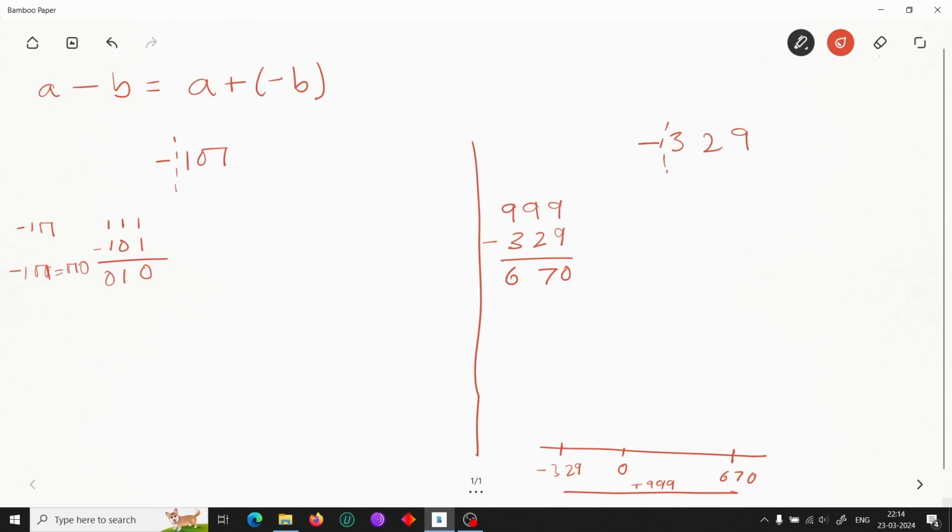But the first reason is that, you see, if you are given a scenario where you have to subtract a negative number, say like a minus of minus b, what do you do then? This negative number will already be stored in its complemented form. So we go back to the initial step and turn it into addition of a negative number, right?